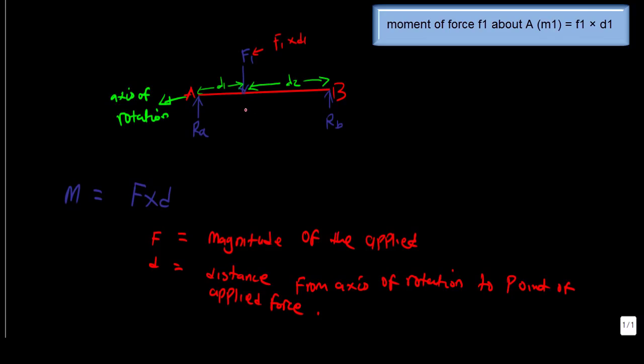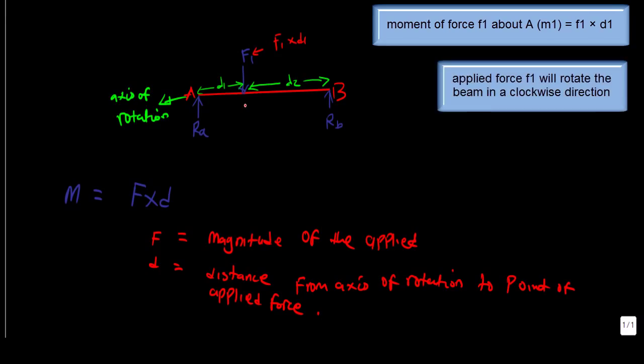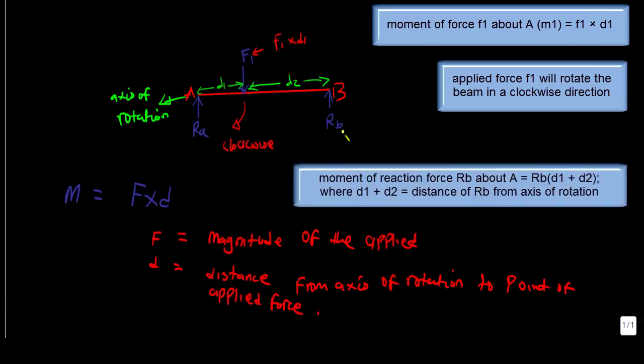The effect of the force F1 on the beam is to rotate the beam in that direction. And that direction is obviously clockwise. Now let's look at the reaction force RB.